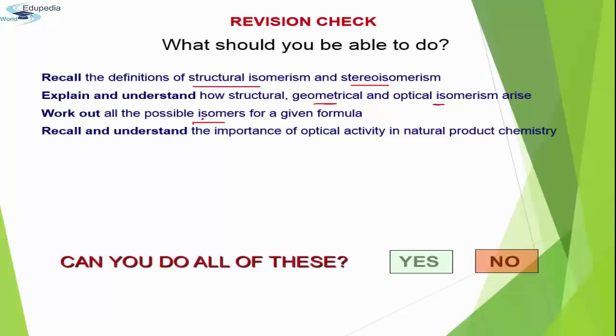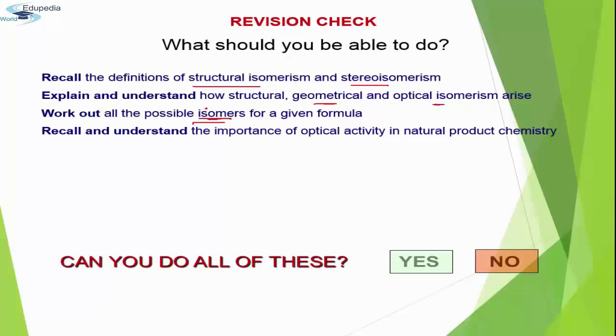And this is important, how to work out the possible isomers of a given formula. Please be very careful while you are writing the question, especially in case of objective examples. What the question is asking, whether they are asking isomers, then you have to write all the isomer structures as well as stereo. If they ask only structure, then write structure. See what type of structural isomers are possible.